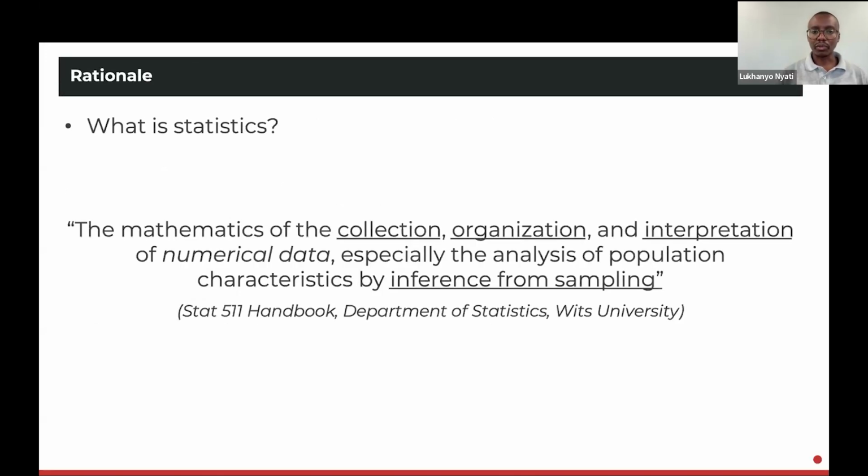Once again, I want to foreground the importance of collection and organization of quantitative data, which is embedded in the definition of statistics. So when we're thinking of statistics, it's not only about the descriptive statistics or making inferences about a population from a sample, but even the operational aspects of collecting data are important elements of what we understand as statistics.